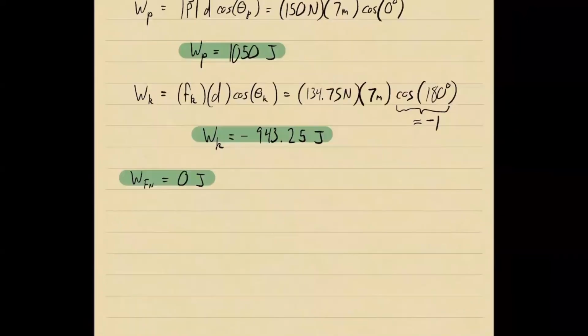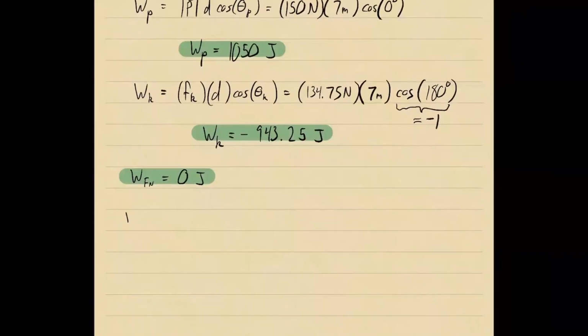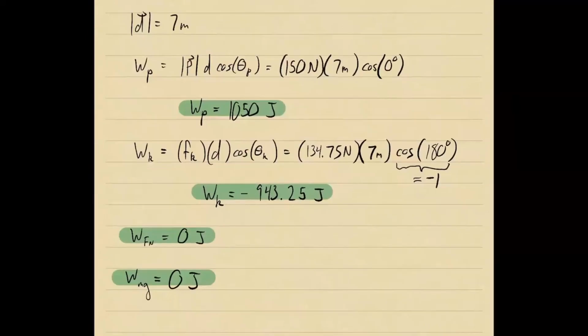And because of that, it turns out that in this problem, the work done by the weight of our box in moving it 7 meters to the right is also 0 joules of work. And because of that, we've now found the work done by each of the 4 forces in our problem. So with that, we've done the problem and found out everything the problem is asking us to do.